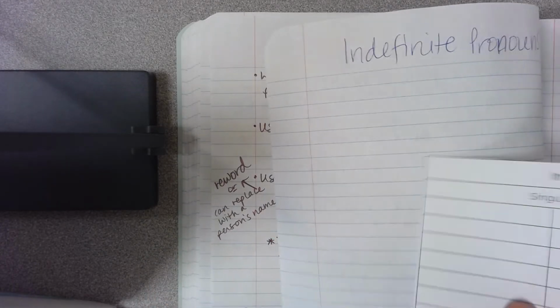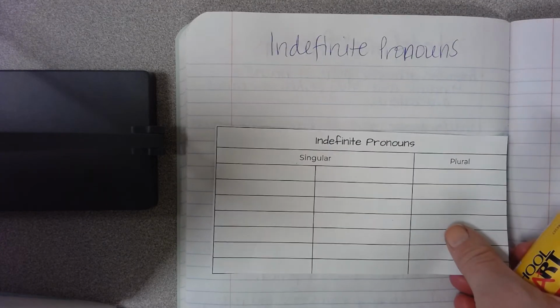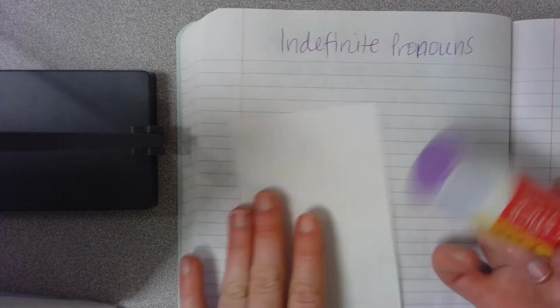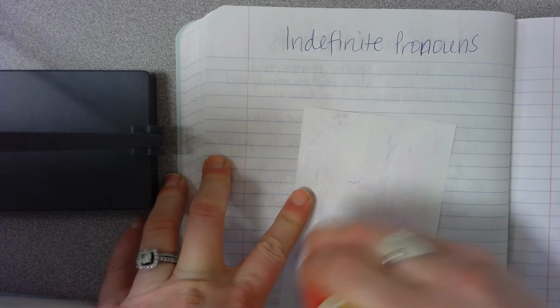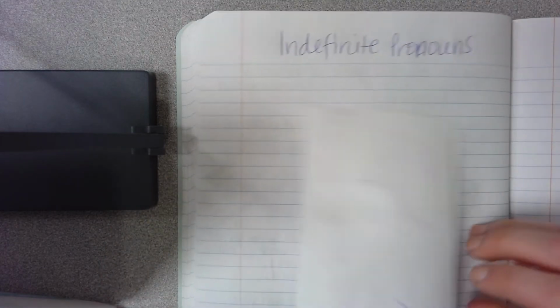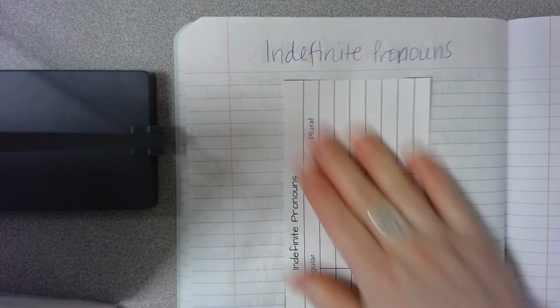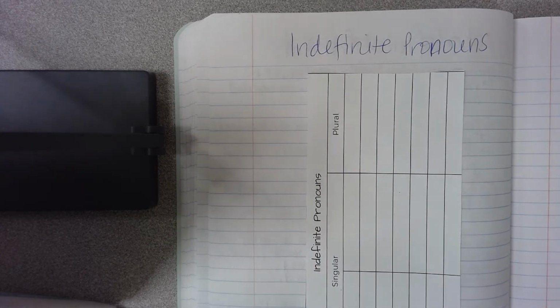So this is the only thing we're going to write on this page. If you want to glue it in upside or up and down this way, you're more than welcome to. And I am actually going to put it in vertically here, just for something different.